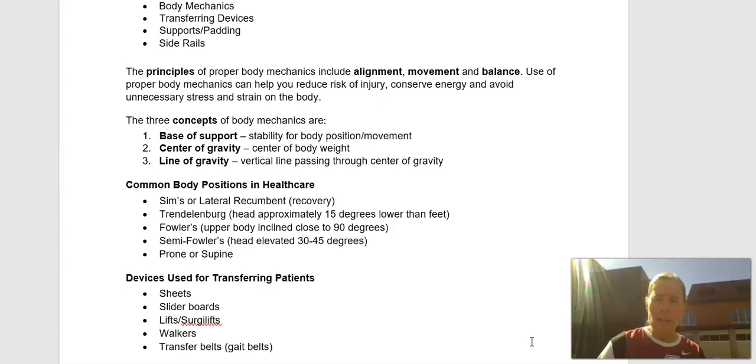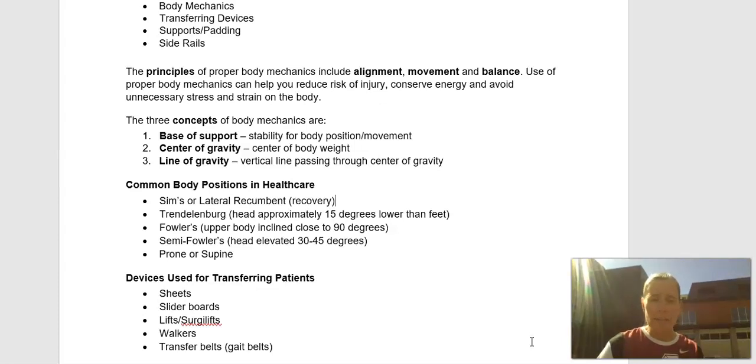When we look at three concepts of body mechanics, we talk about the base of support, so that's the stability of the body position itself. We talk about the center of gravity. The center of gravity is in your pelvis area, your hip and pelvis area. If we compare it to athletes, somebody being hard to push off the puck or a figure skater, that center of gravity is what they're referring to there.